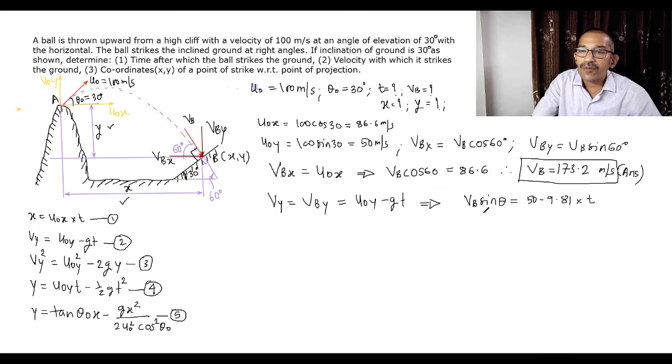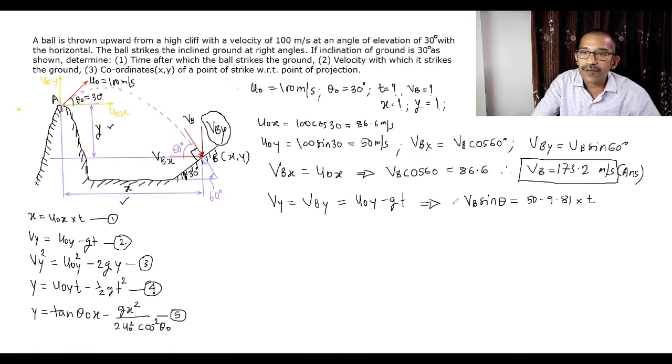Here there is one mistake, and it is a common mistake made by all the students. Whenever we substitute any velocity, you have to concentrate on direction. Our sign convention is that upward velocity is positive, downward means negative. In this case, this VBY is in which direction? It is in the downward direction.